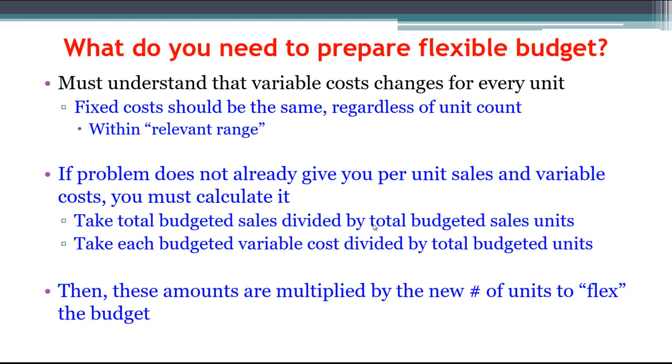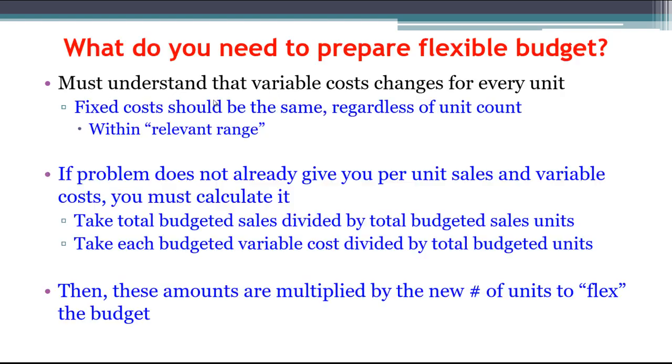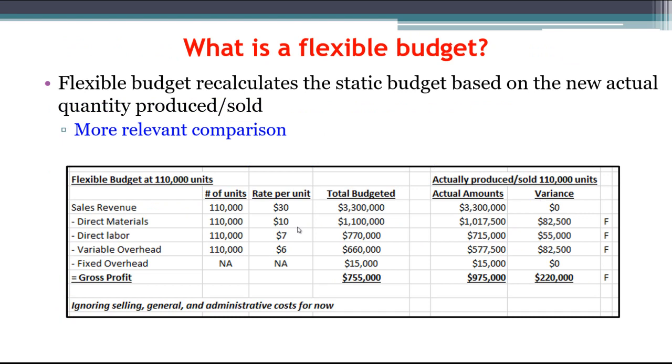So that takes us to the end of this video on flexible budgets in general. But what I wanted to mention is there are multiple related videos out there that I have posted on related topics. So first of all, when we talk about flexible budgets, that assumes you've already discussed the standard costing idea. And standard costing simply means how much material, labor, revenue we had.